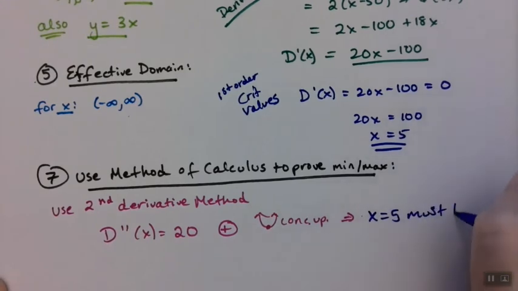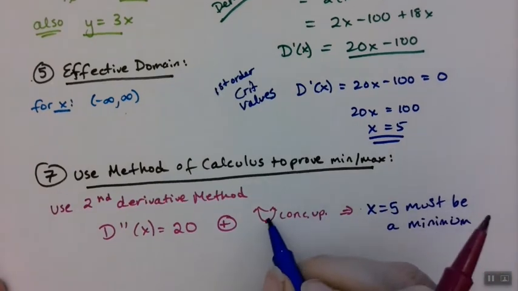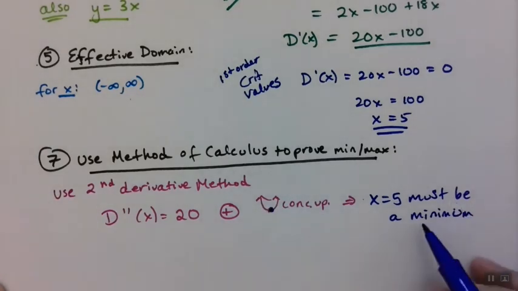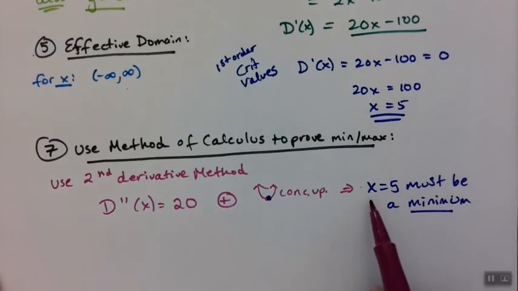Since it's concave up, that critical value will be at the bottom of that concave upness, and it'll cause there to be a minimum. Wonderful. All right, so we've proven that there is a minimum at x equals 5.